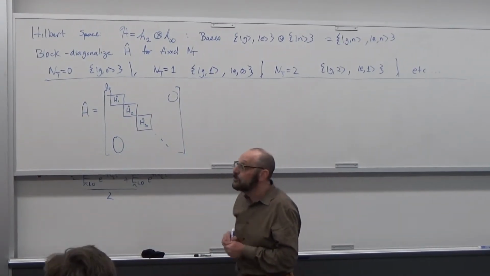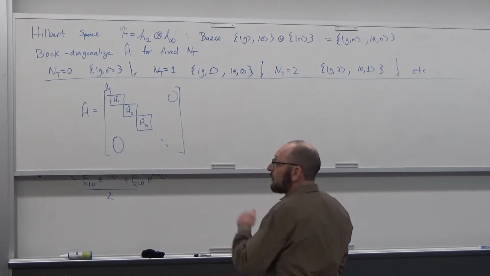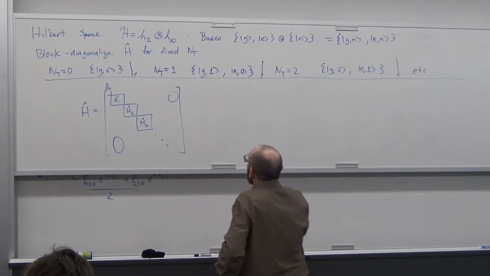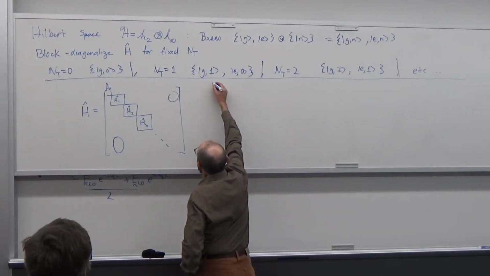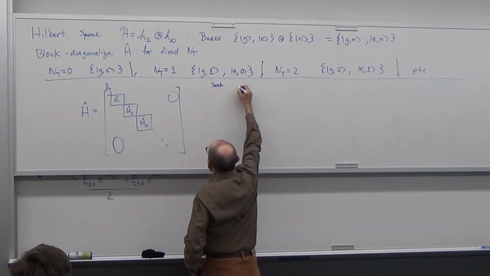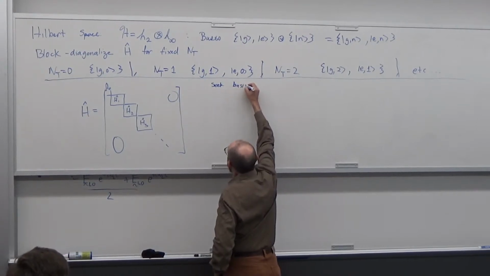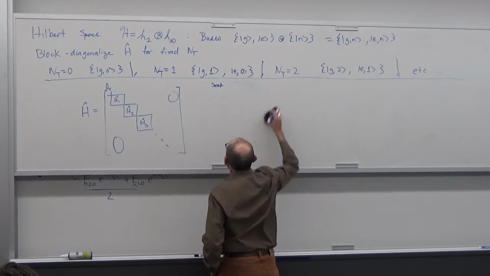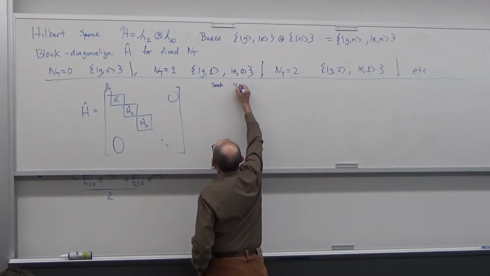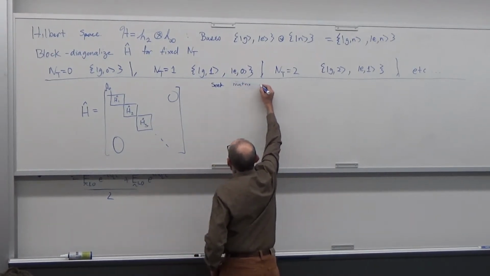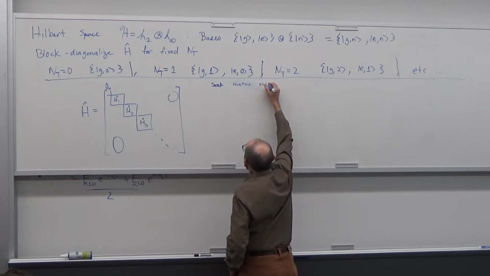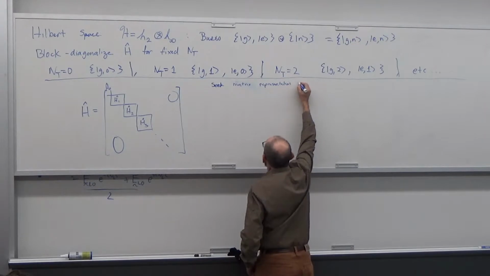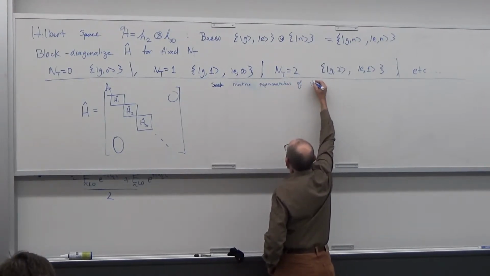All right, so let's do that. We have our Hamiltonian. What we need to do is, so we seek the basis representation, or the matrix representation, I should say, of Hn.